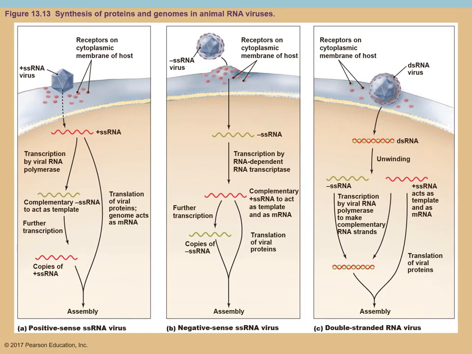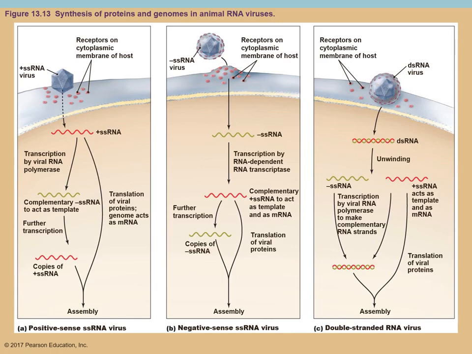So just in general, I'm not going to go into a lot of detail on this. With a positive single-stranded RNA viruses, like I say, it can be used similar to like mRNA. So you can have translation occurring off of it for the proteins that are needed, just like you would regularly see translation occur.